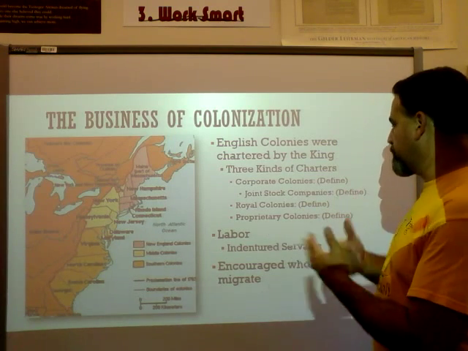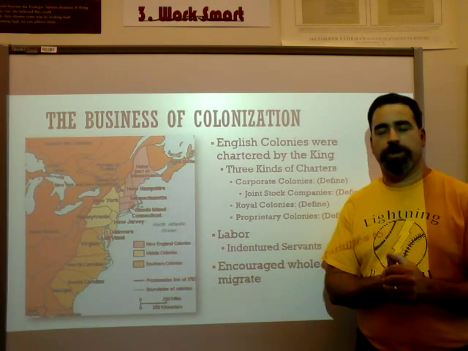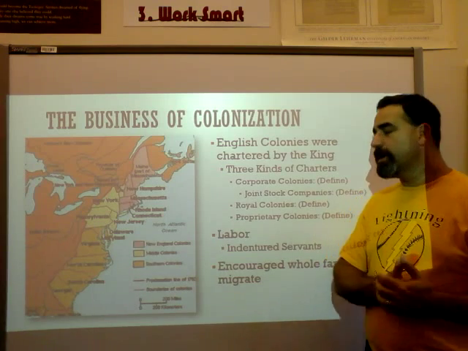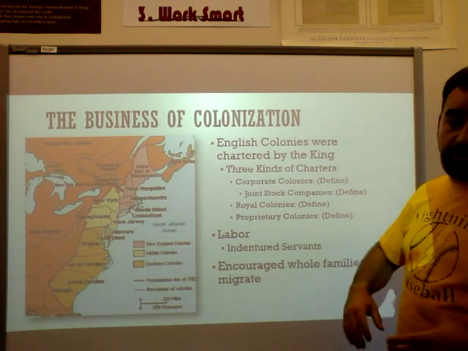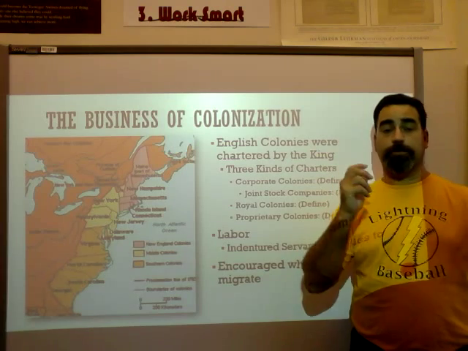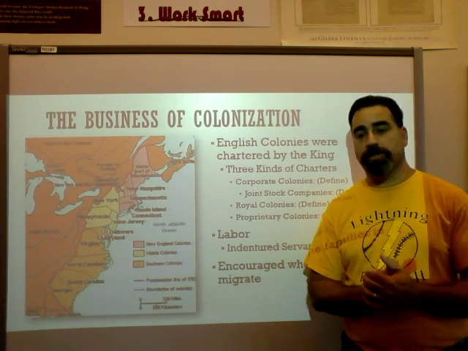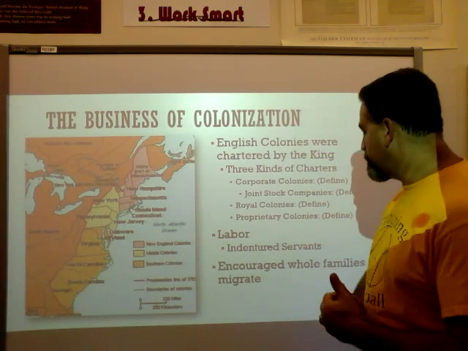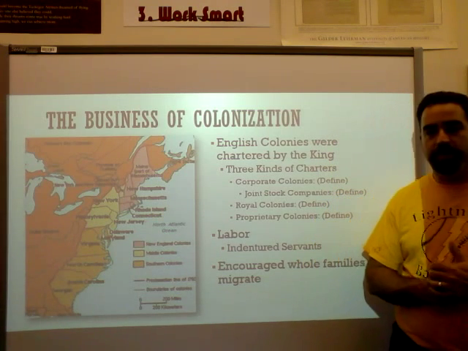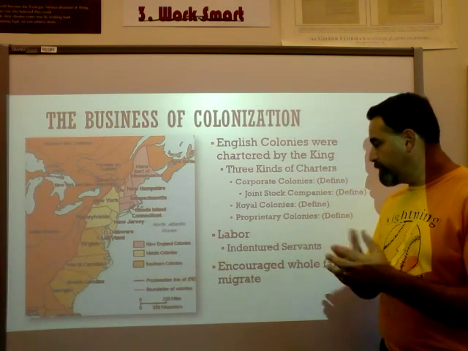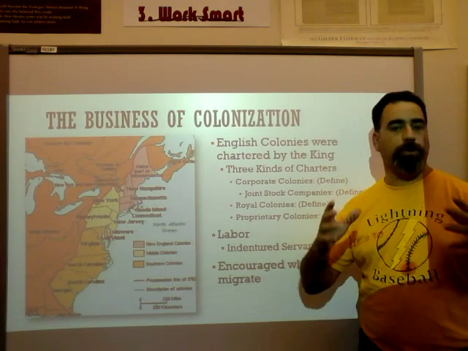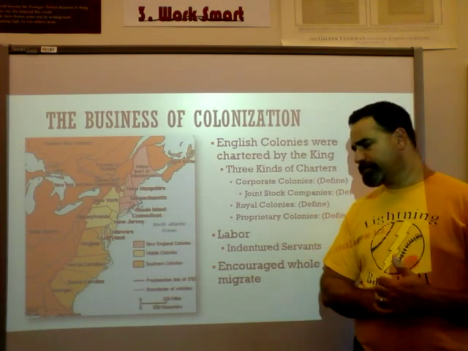So these were corporate colonies. When the king chartered these colonies to a joint stock company, they were corporate colonies. Royal colonies were lands just owned by the king, and they were going to function for the purposes of the king. And then, of course, our proprietary colonies. These were colony grants that were put forward by private owners who were going to own these colonies.